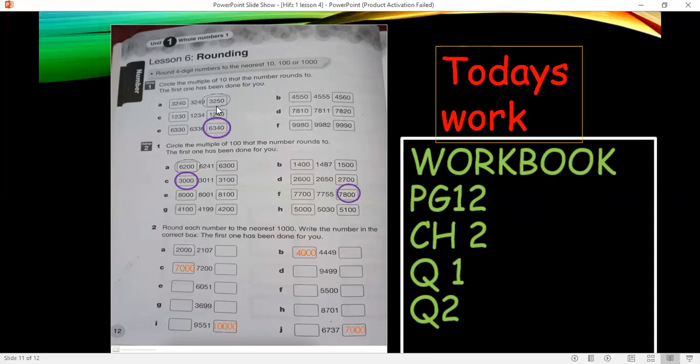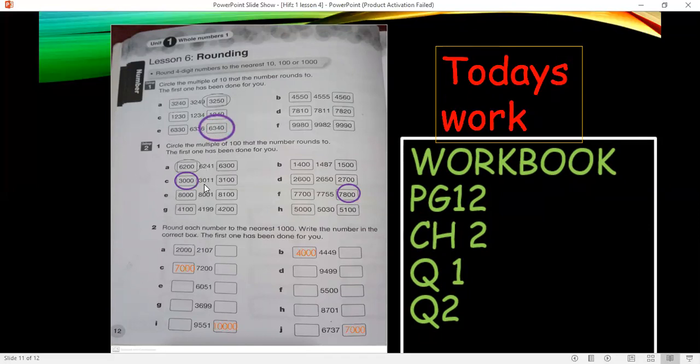The next is 6,336. We will underline 3 and circle 6. 6 is greater than 5, so it will give 1 to this 3 and it will become 6,340.